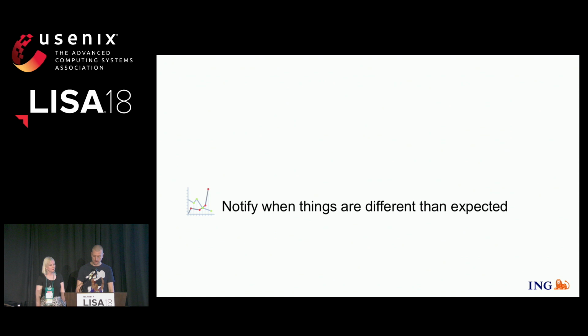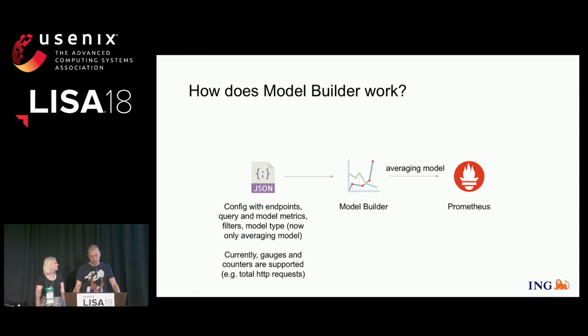So we have this expected traffic. And what we did is that we created a Java application where you could use any Prometheus metric as input, and a model builder will just analyze and create a model out of it of the same metric. So let's, for example, take HTTP total requests, so all your requests on HTTP.